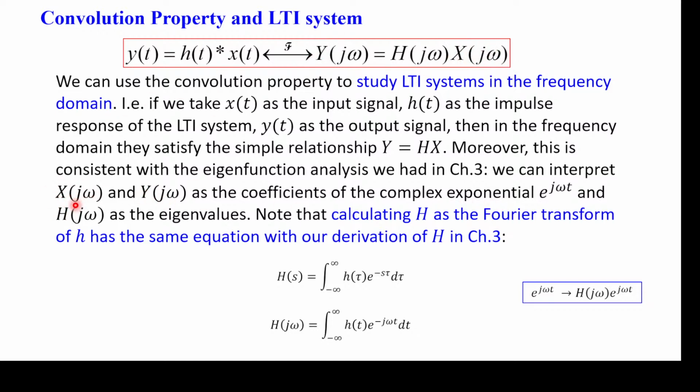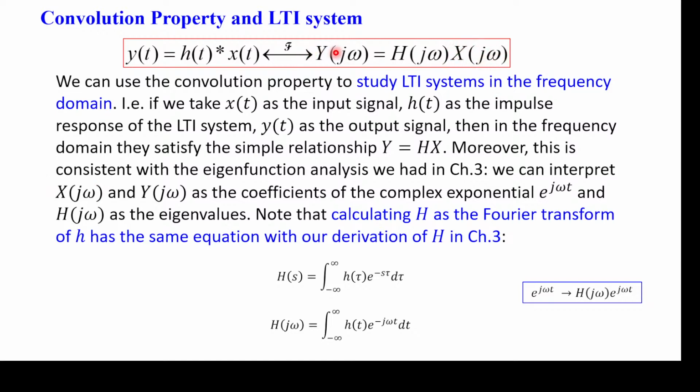Because you can think about this big X, although it's a little weird because there are infinitely many omega. You can think of this big X and the big Y as coefficients to your e to the j omega t. So your function is like a linear combination of e to the j omega t times those coefficients, integrating over all the omega, right?